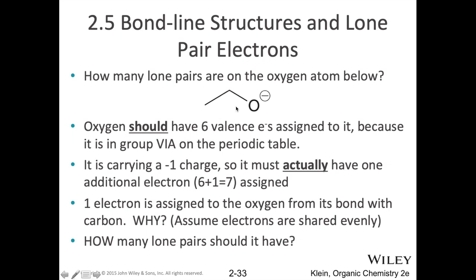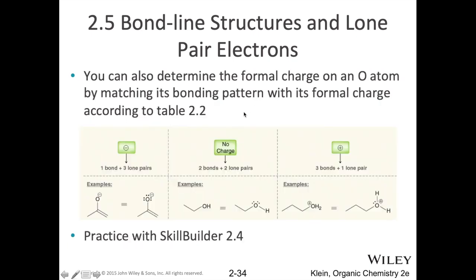So if one of those electrons is tied into this bond here with carbon, there must be 6 electrons in lone pairs around this oxygen. Okay, so that means that there should be 3 lone pairs that you would draw on that molecule. So you see an example here. Here's what that oxygen looks like with its 3 lone pairs giving it that negative formal charge.